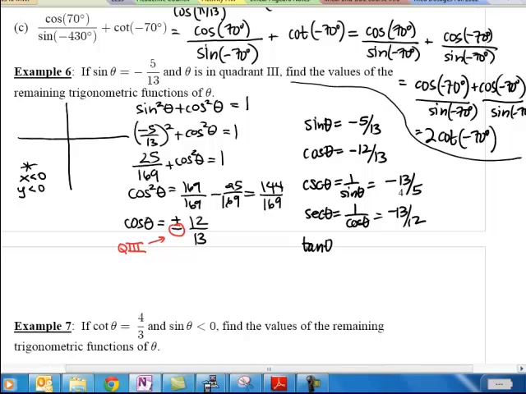Tangent is the ratio of sine to cosine, which is going to be positive 5 over 12. And cotangent is the ratio of cosine to sine, or the reciprocal of tangent.